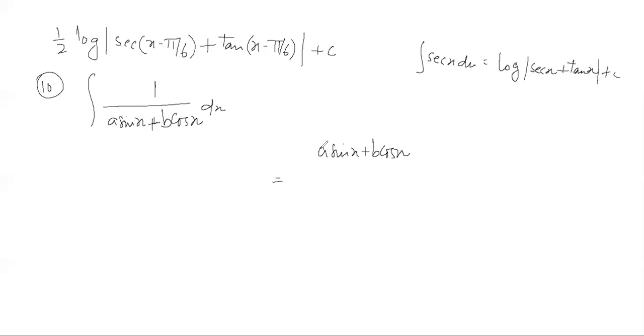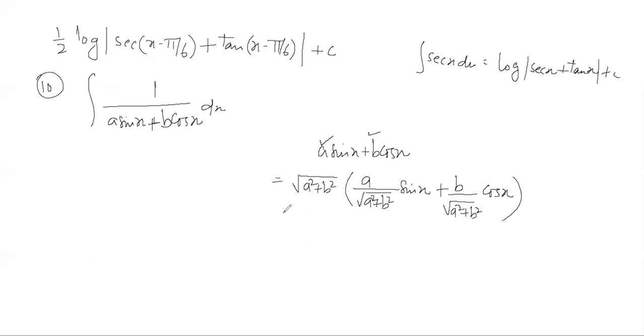We multiply and divide by root under a square plus b square. Just keep this step in mind. What is my first step? Multiply and divide by root under a square plus b square, into a upon root under a square plus b square sin x plus b upon root under a square plus b square into cos x. All right, very good.